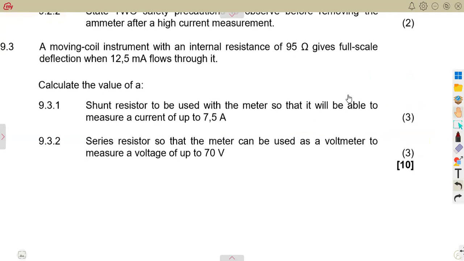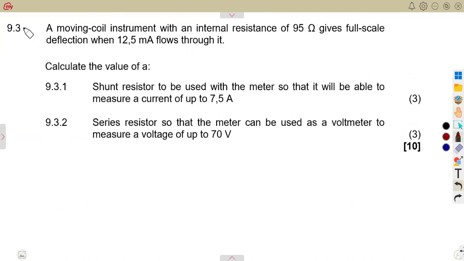2 marks for that. Then 9.3, you are given a moving coil instrument with an internal resistance that gives a full-scale deflection of this current. So this is simply the resistance of the meter and the current on the meter. That is what you're given.